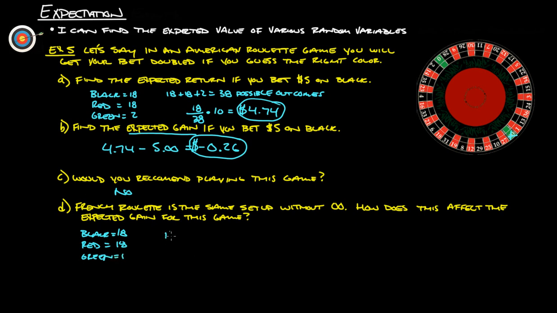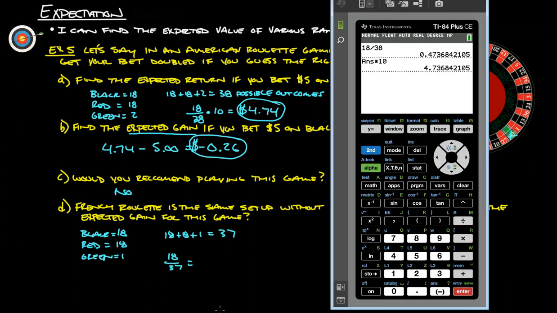So 18 plus 18 plus 1 gives us 37 possible outcomes. Now it would be 18 out of 37, and 18 divided by 37 gives us 0.4864.